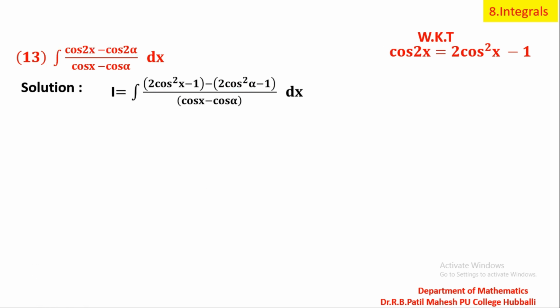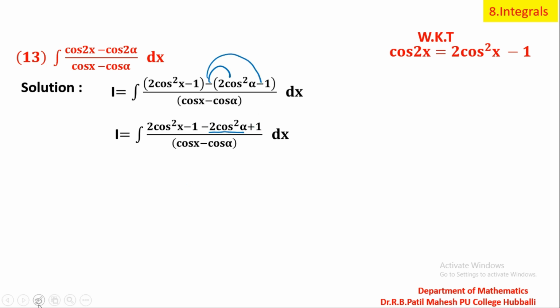After that, taking the minus sign inside the bracket, we get 2 cos square x minus 1, then minus 2 cos square alpha, and minus into minus will be plus 1. So after distributing the minus sign, you can see minus 1 and plus 1. Are they going to cancel? Definitely.